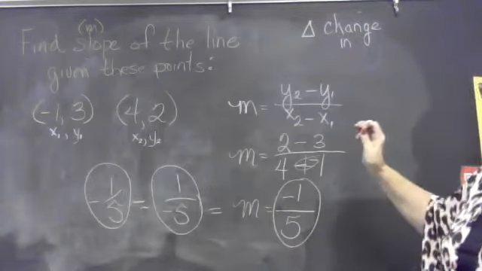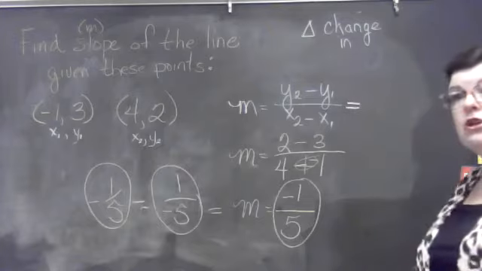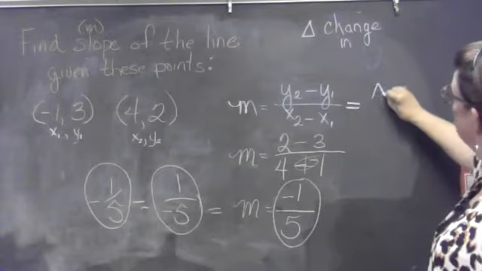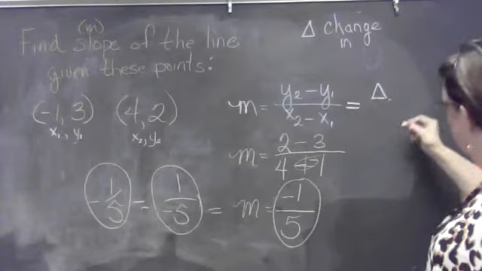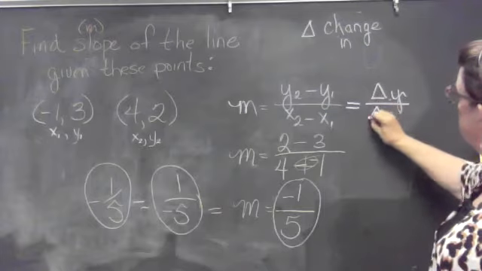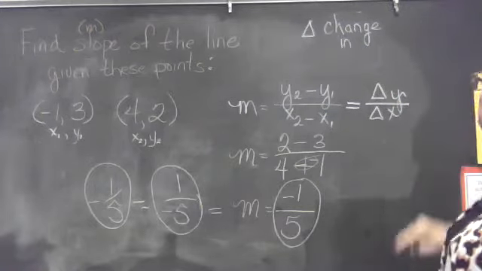So, on your next page, it gives you another formula for slope, and it says the change in y over the change in x.